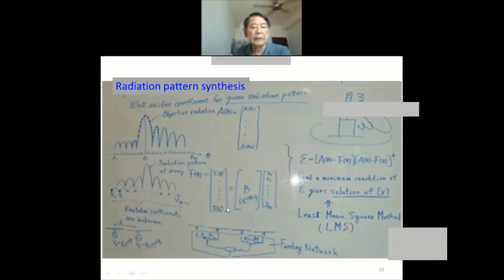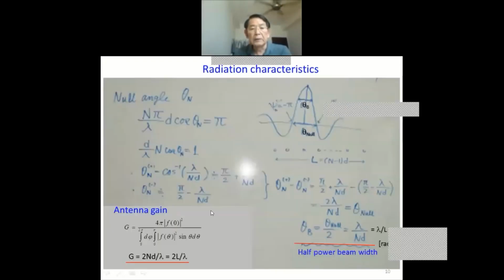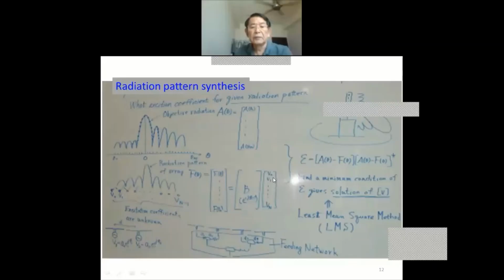The relation of the excitation coefficient and the achieved radiation pattern can be expressed by this vector equation. This multiplication can be expressed by this vector calculation.